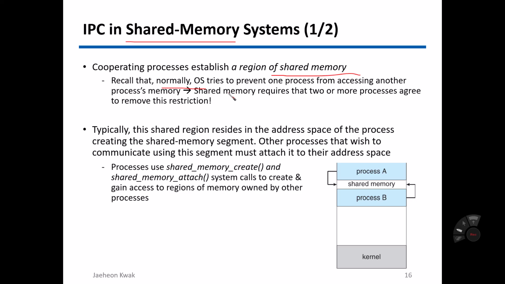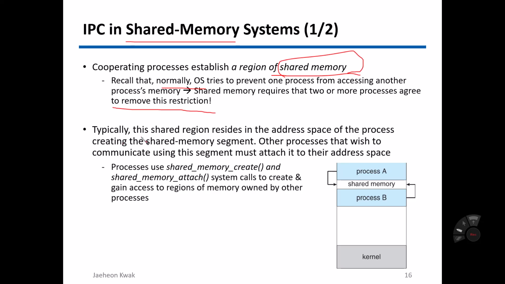So I cannot access the data or memory address of another process, and the other process cannot access my memory region. That is normal in an operating system. However, for shared memory, multiple processes can access the same memory region. So by removing this restriction, we can support inter-process communication.